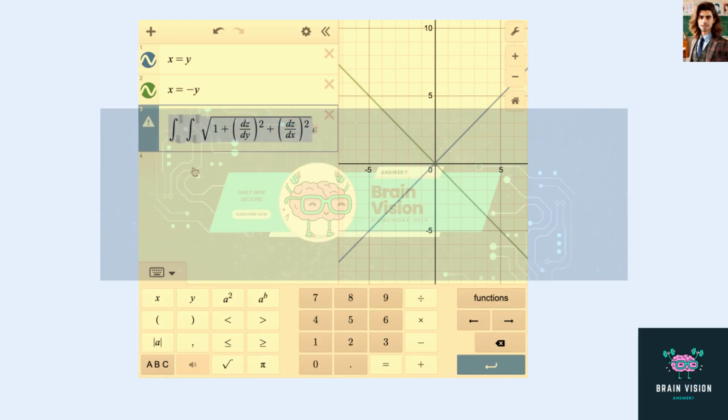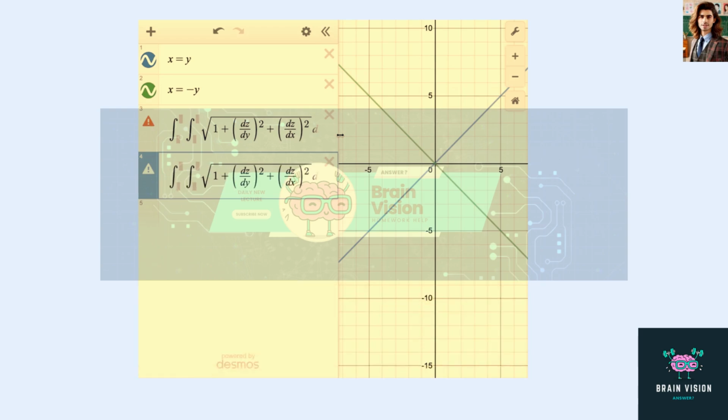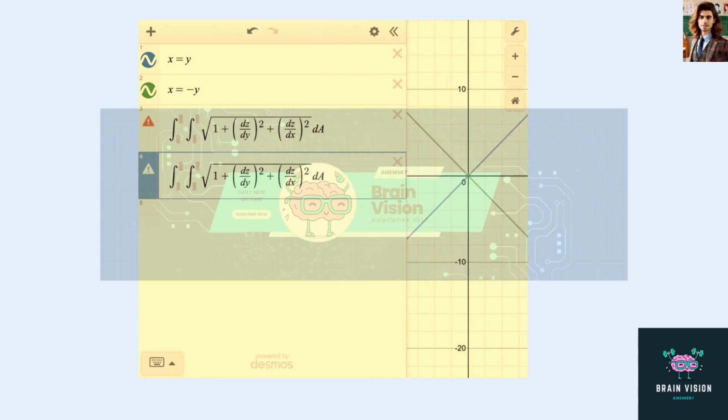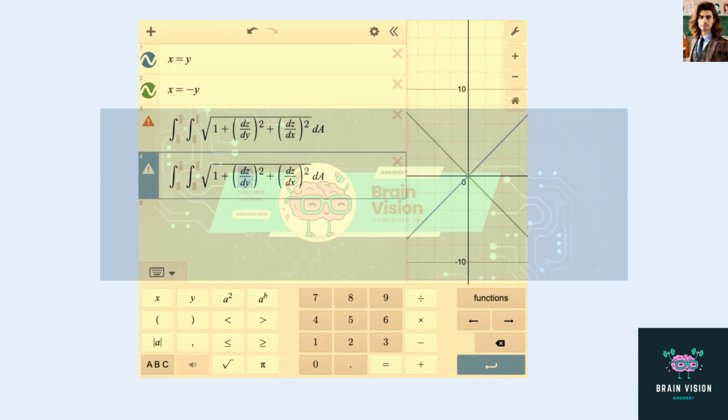With all this, we can now plug in our values. So we know that the surface is z equals the square root of 1 minus x squared. That tells us that dz dy is just going to be 0.